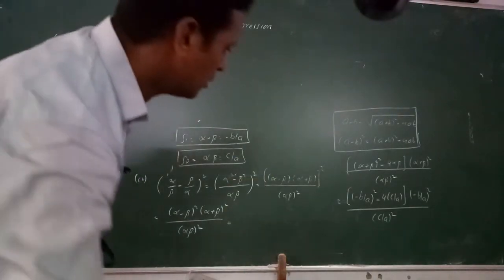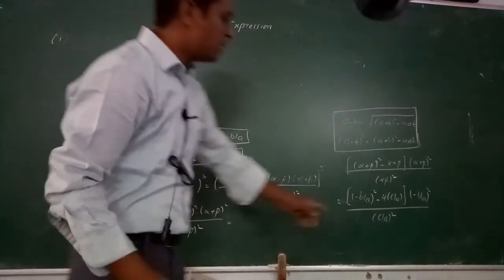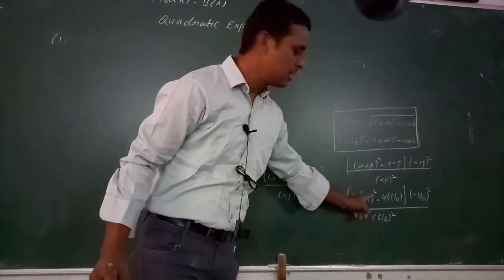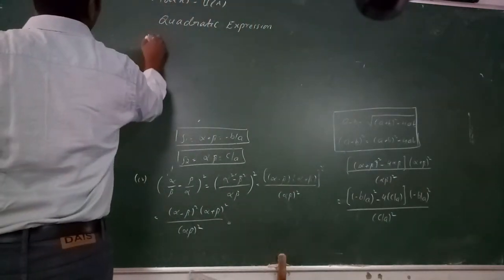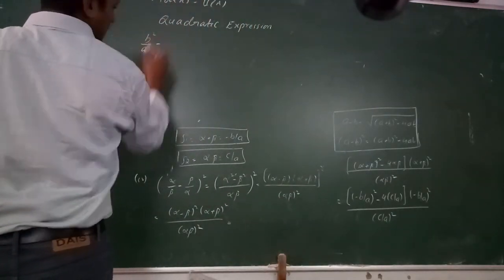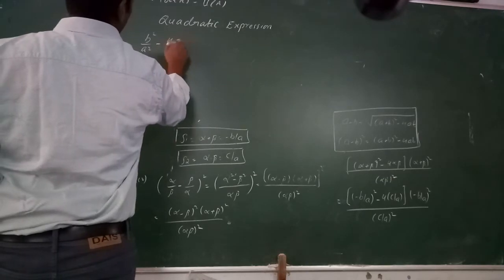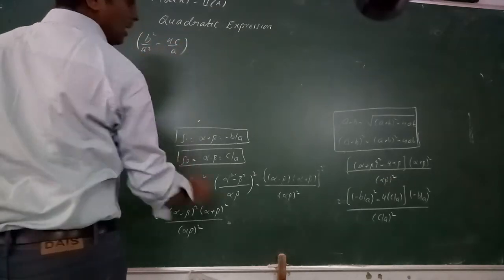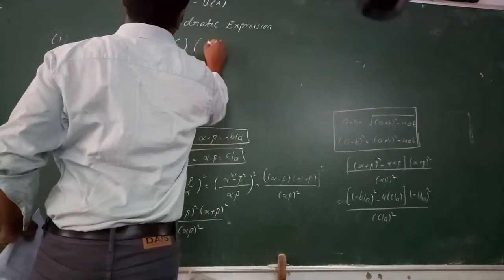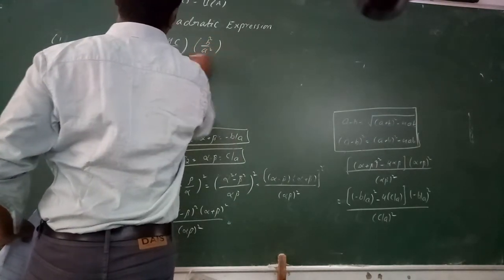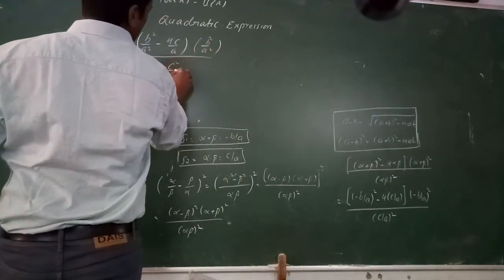Now continuation. Minus b by a whole square is equal to b square by a square. So that is equal to b square by a square minus 4c by a, divided by c square by a square.